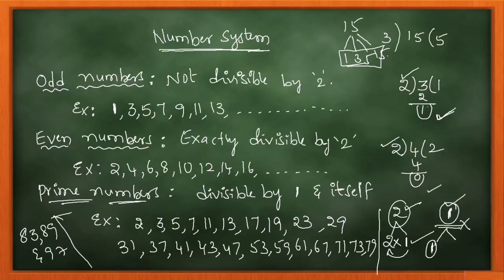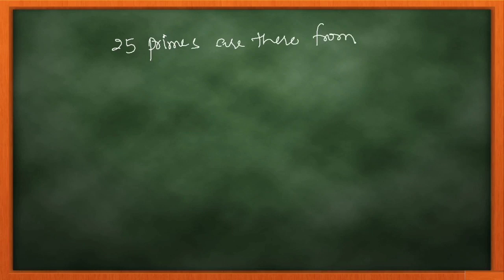How many prime numbers are up to 100? If you count all these, you will get 25 prime numbers. 25 primes are there from 1 to 100. And up to 50, 15 primes are there from 1 to 50.